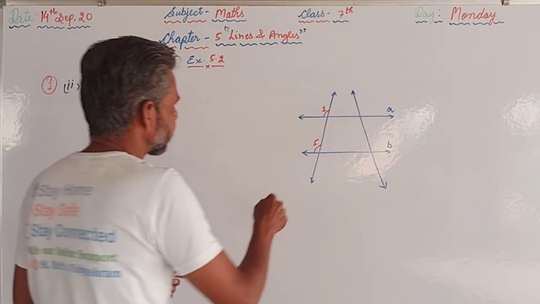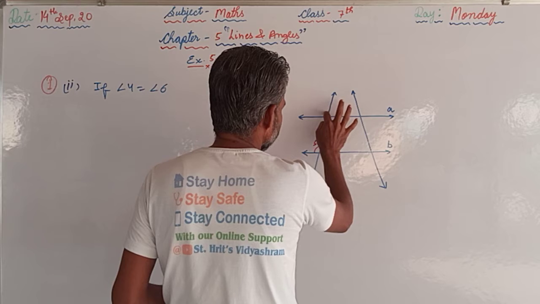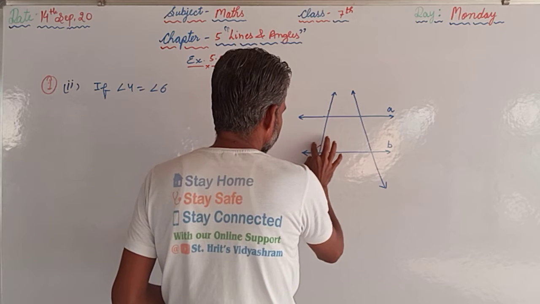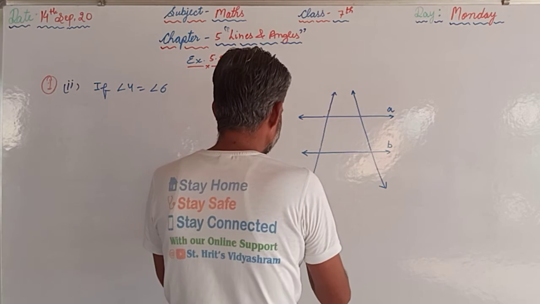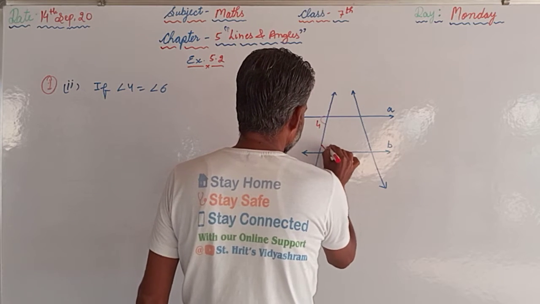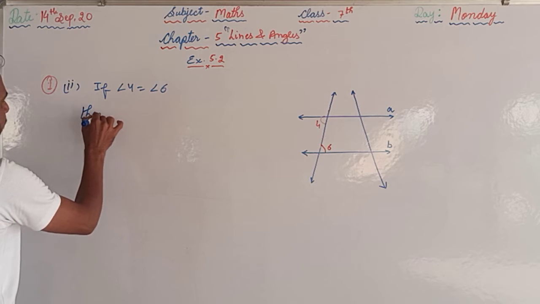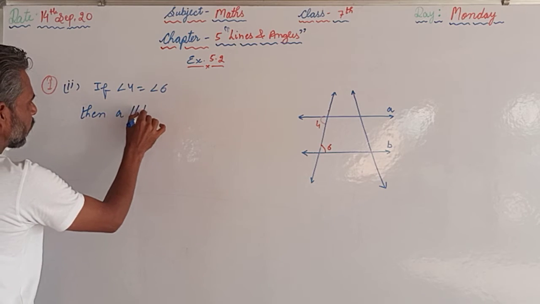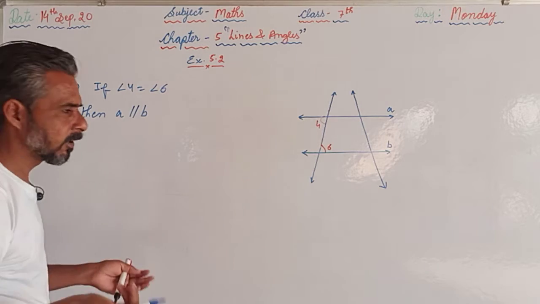Now we will see which one is the angle 4 and which one is angle 6. Here this is the angle 4 and this is the angle 6. Then we have to tell A is parallel to B or not. If yes, then why? If not, then why not?